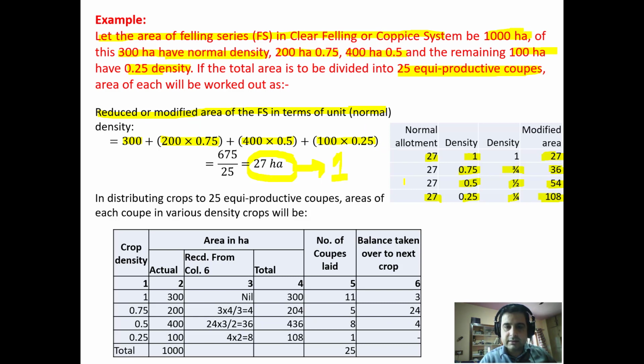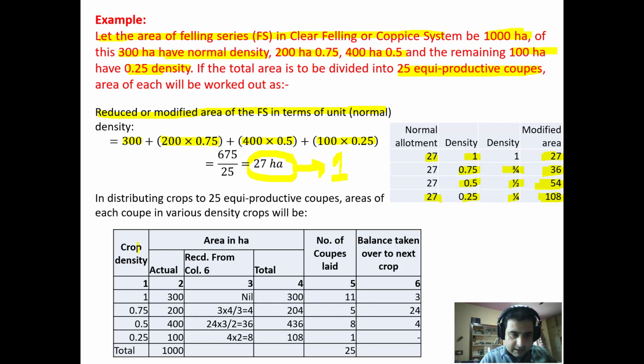Reworking density 1 to the different density classes which we have in our area, we worked out that for 0.75 density, the area of the coop should be 36 hectare. In 0.5 density, the coop area should be 54 hectare. And in 0.25 density, which is a very low density, the area needs to be increased to 108.